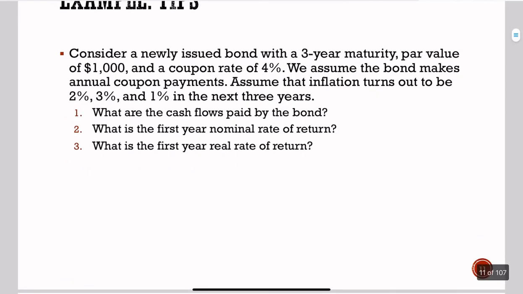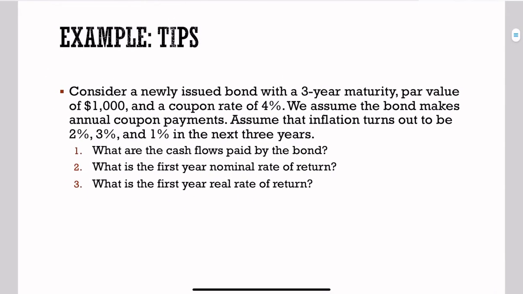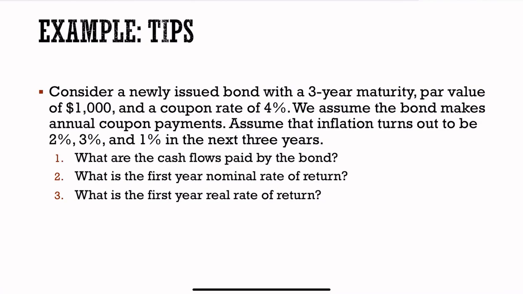Now, let's see this example on TIPS. Consider a newly issued bond with a 3-year maturity, par value of 1,000, and a coupon rate of 4%. We assume the bond makes annual coupon payments. So here we are trying to make things simple, so we're not considering the more realistic semi-annual coupon payments.